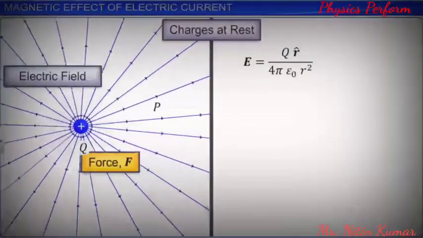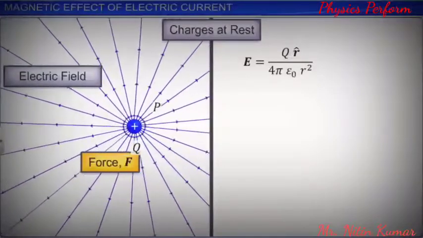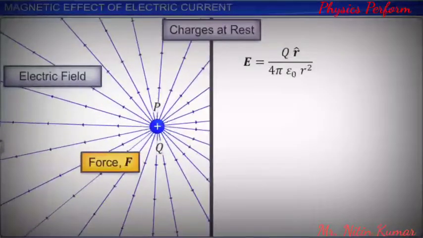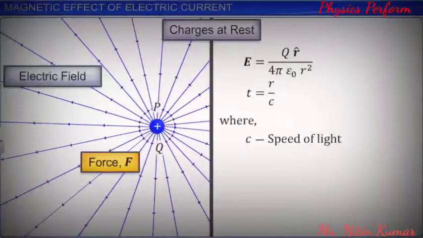Thus, if the charge is displaced from its position, then the field at a distance r will change after a time t = r/c, where c is the speed of light. But while dealing with electricity and magnetism at this level, we will assume that the field due to a charge at a given point does not change with time at a given place.